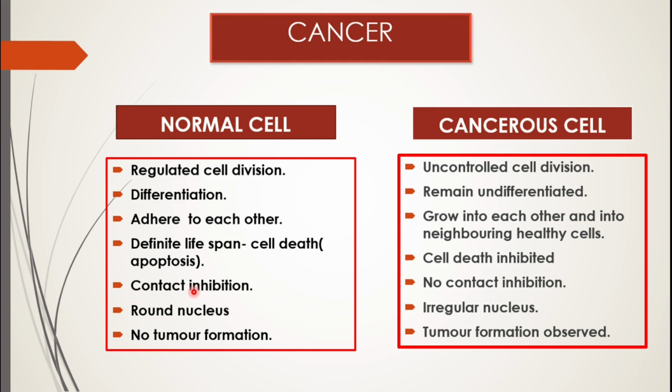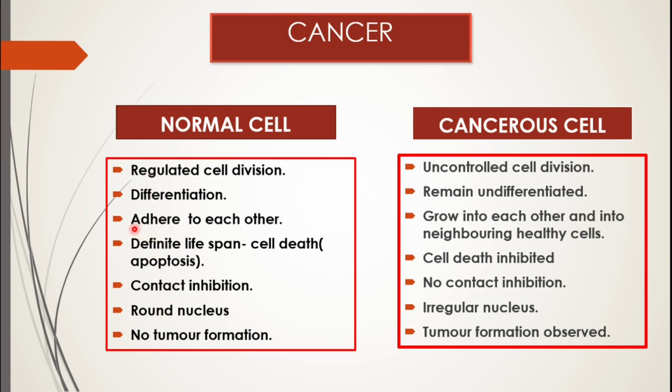It does not grow into the neighboring cell, but just remains adhering to it and shows contact inhibition. It does not grow into the other cell. And typically speaking, normal cells have a characteristic rounded nucleus, and this is a characteristic feature when we look into the slides of normal cells and cancerous cells. And normal cells do not show tumor formation. So these are the typical characters of a normal cell.